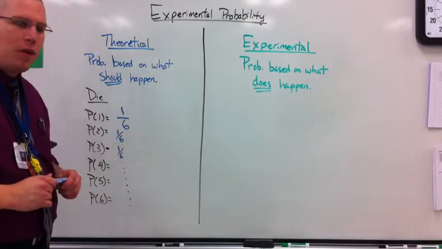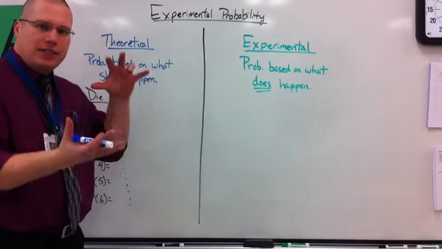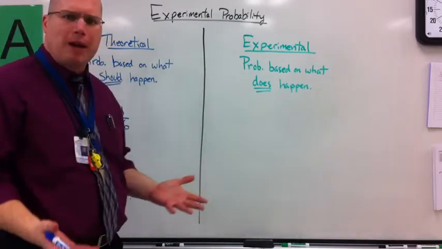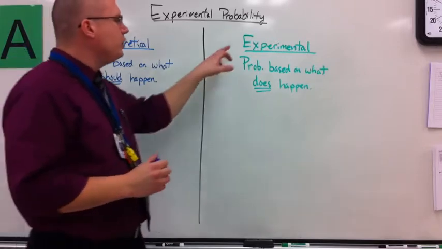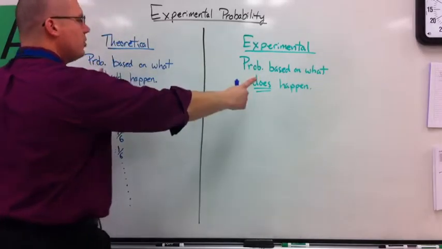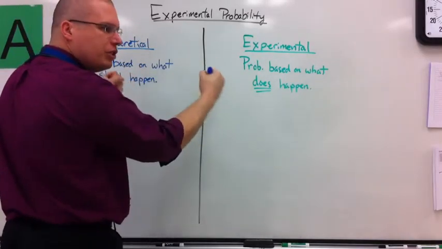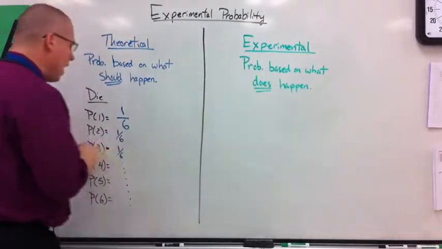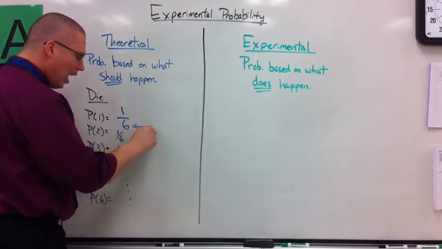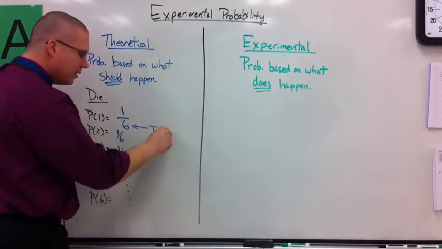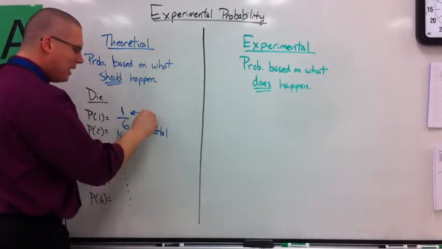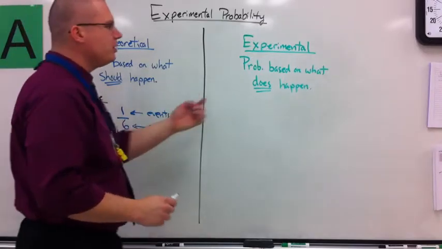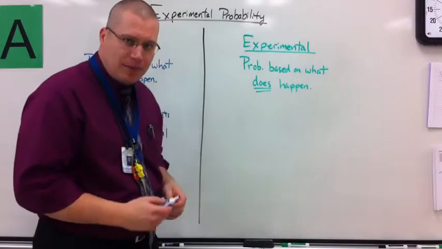There are times though when you'll get a set of data, or a picture, or a chart, and it'll say, what's the experimental probability? The difference between the two is they're both a number that tells you the chance of something happening. But experimental is not based on what should happen, not how many total sides it has, and not how many of the events you have, but it actually is based on what actually does happen.